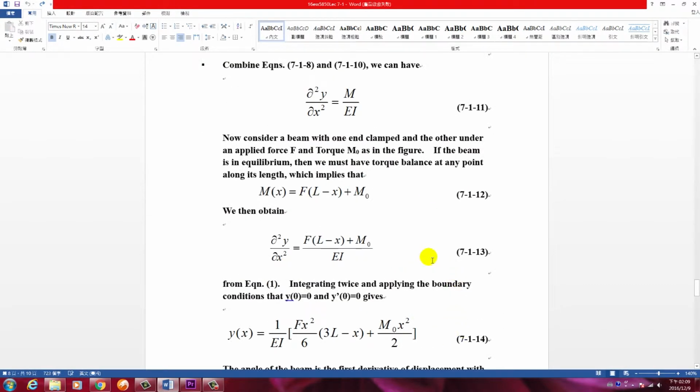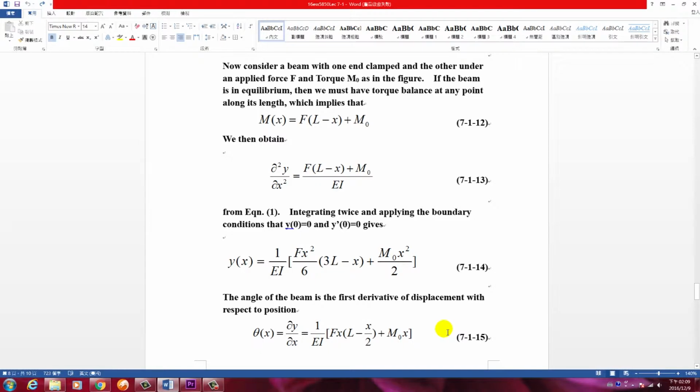Remember, the bending moment on the beam at different positions will be two terms working together. One is the force working on the tip of the beam. The other one is the moment from the proof mass.